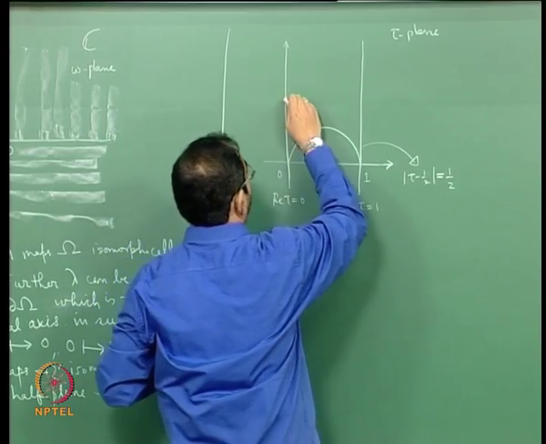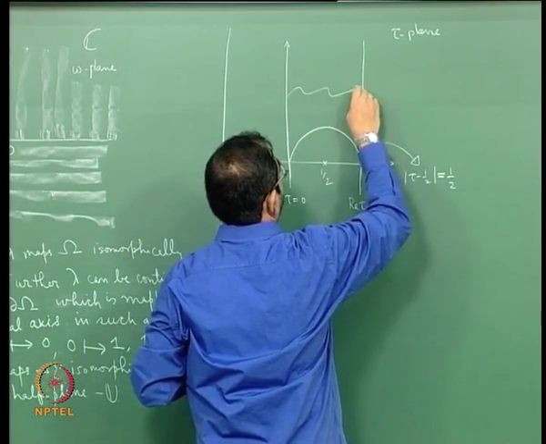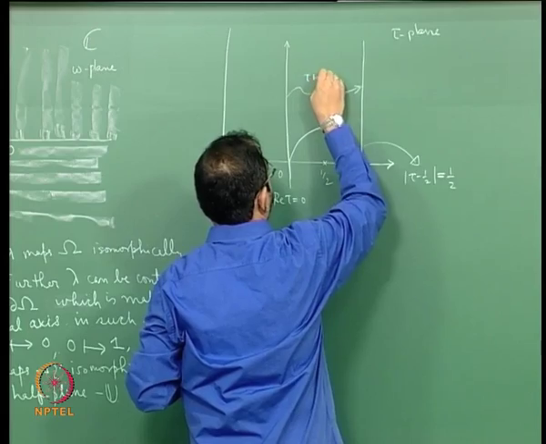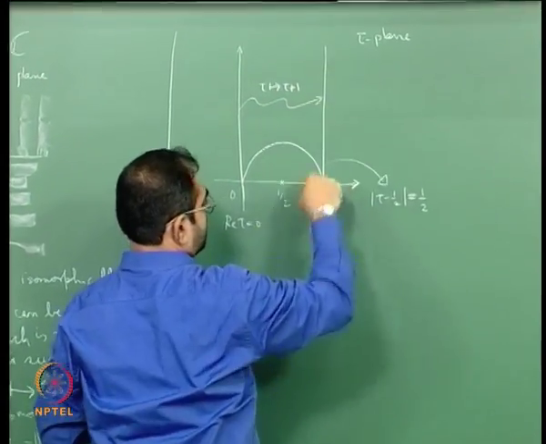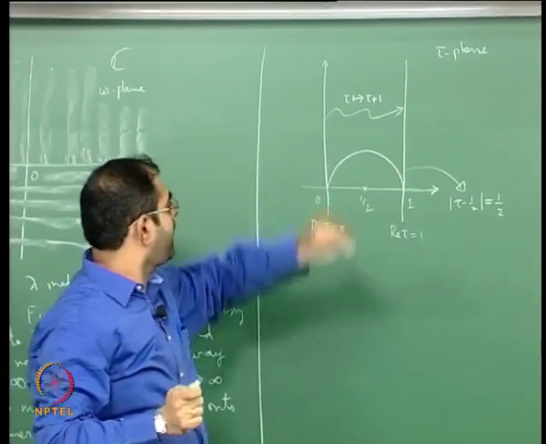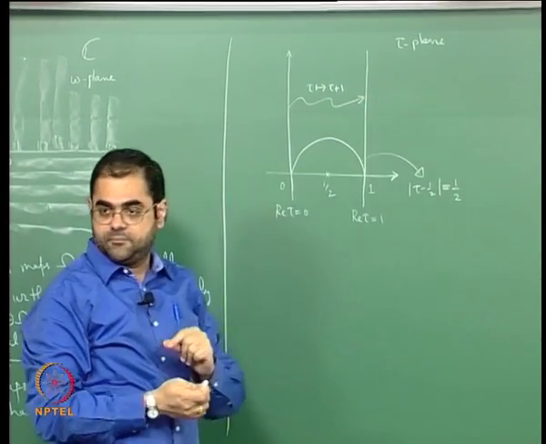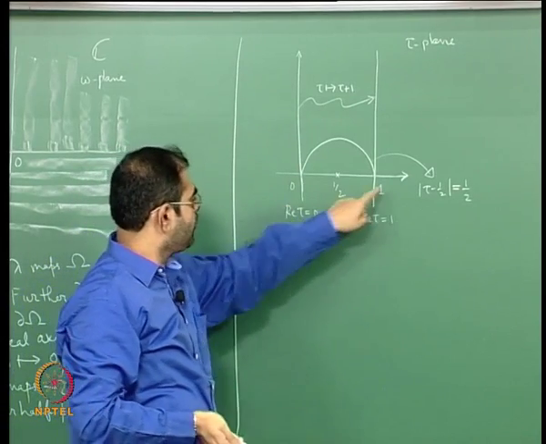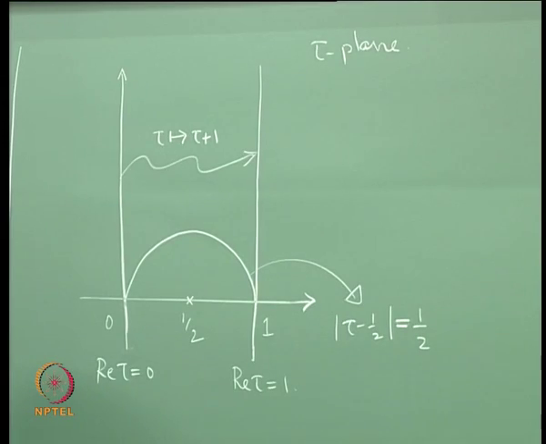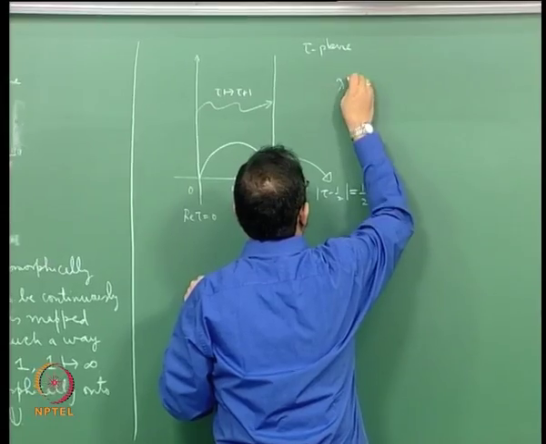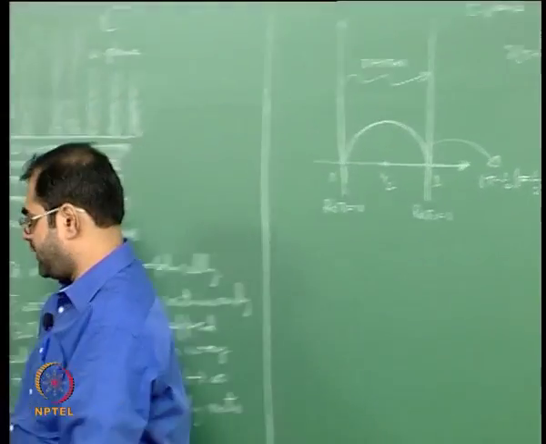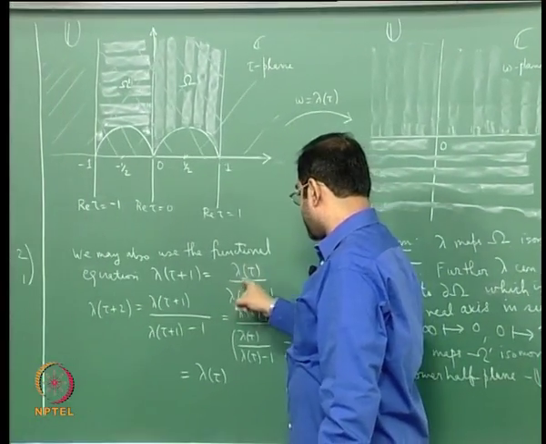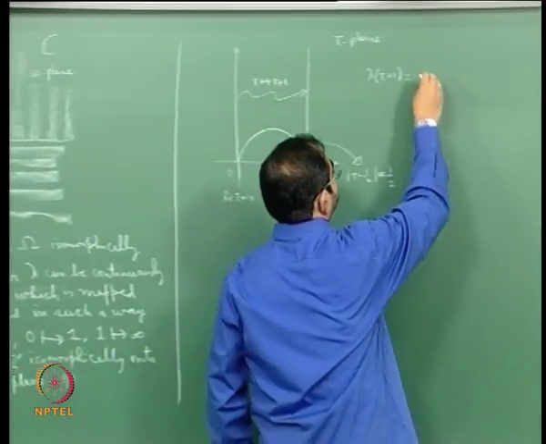So you see if I apply tau going to tau plus 1, every point here goes to a corresponding point here, alright, and a point in the upper half plane goes to a point in the upper half plane, 0 will go to 1, alright. And notice that we know that lambda of tau plus 1 is, as I wrote it down here, lambda tau by lambda tau minus 1.